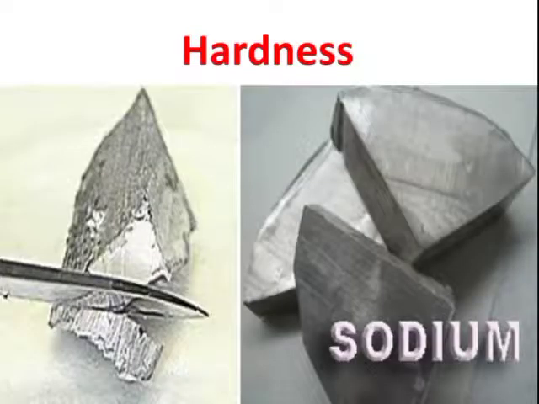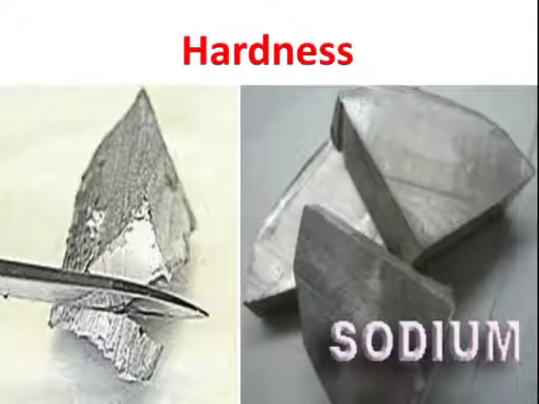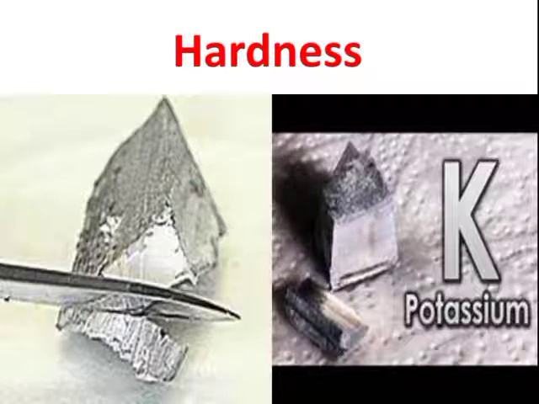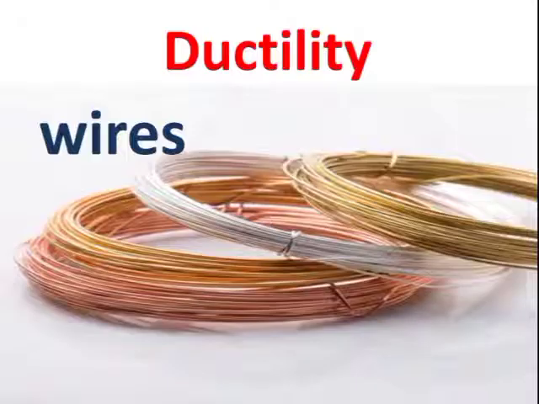Now let's see the next property, hardness. Generally, metals are hard, not soft. Exception, sodium and potassium are soft and can be easily cut by a knife. So this is the third property of metal. Now let's see the next property, ductility.